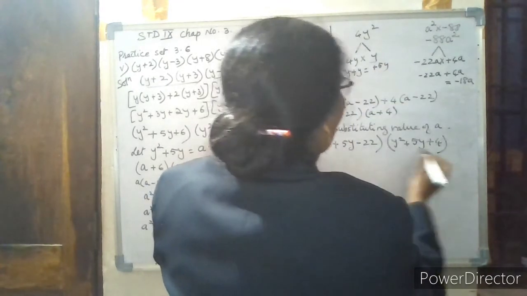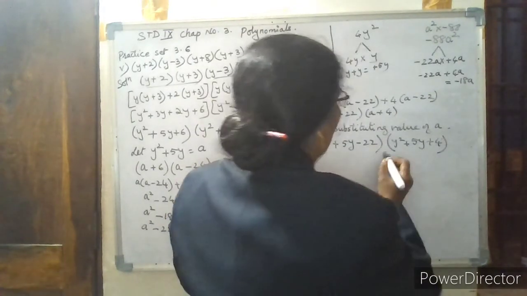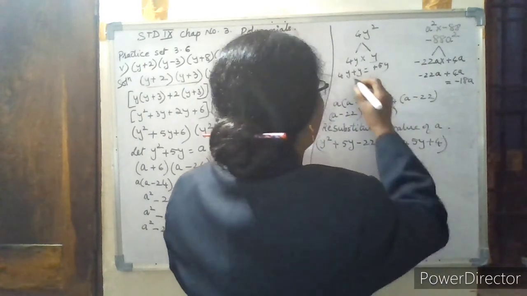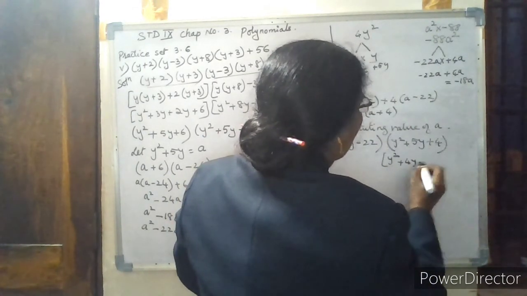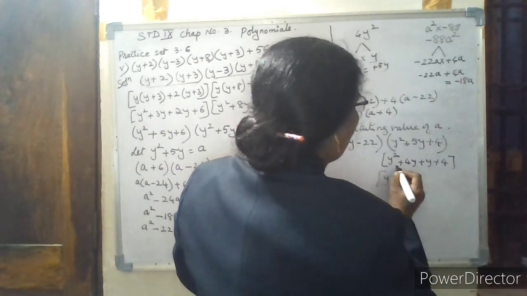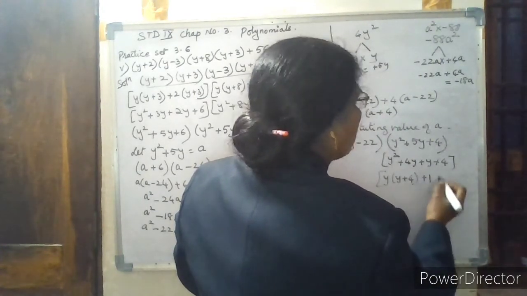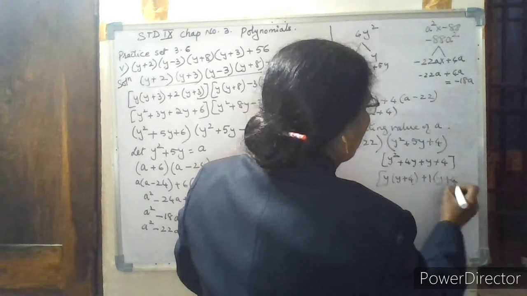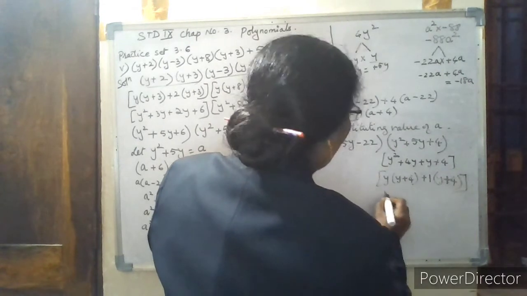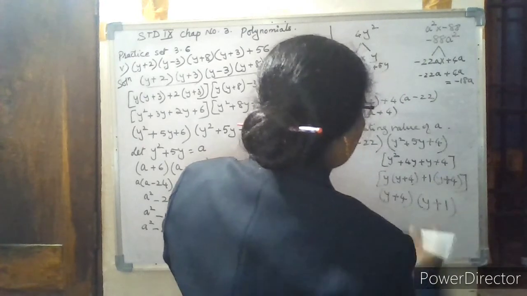Only this second one can be split, the other one we leave as it is. So this is y squared plus 4y plus y plus 4. From these two terms y is common: y into y plus 4, plus 1 into y plus 4. Now we have y plus 4 as one factor and y plus 1 as the other factor.